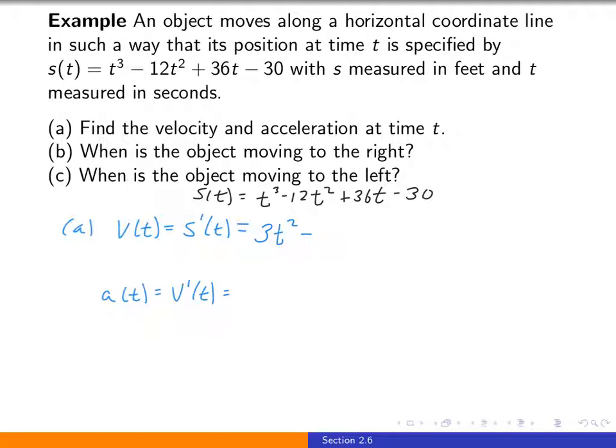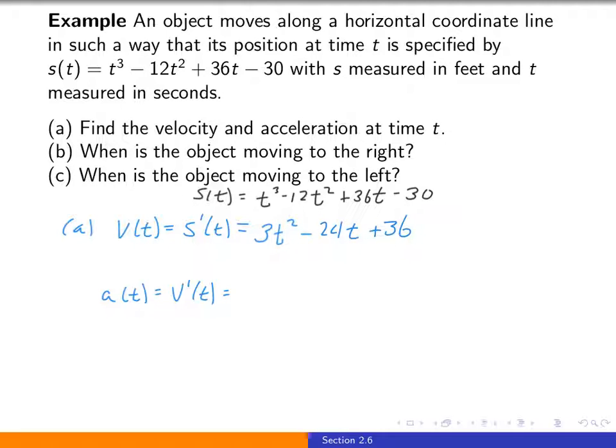Then we're subtracting away and we have a 12, and the 2 comes down and multiplies by that 12. So 24t, and the new power of t is 1. Plus, and recall that the derivative of a constant times t is just that constant. So velocity is 3t squared minus 24t plus 36.